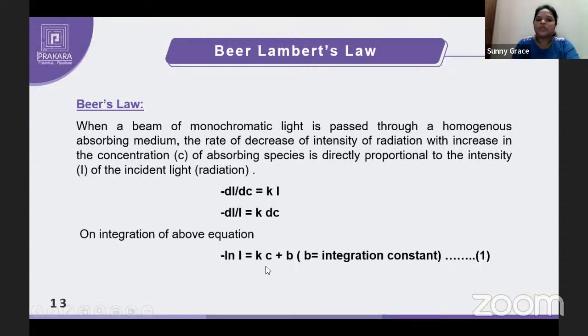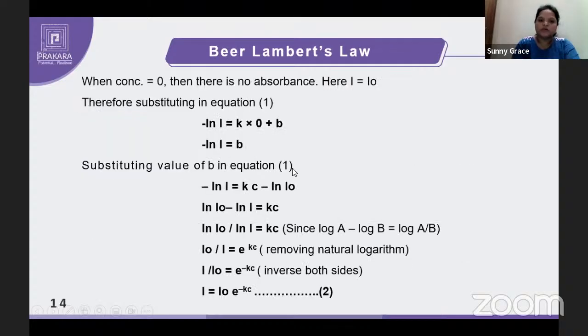By substituting values, assuming that concentration is 0 and I is equal to I naught, we get the b value, which is natural logarithm of I naught. So we substitute this in the equation and you will get I is equal to I naught e to the power of minus kC. So this is what Beer's law says, that intensity is related to the concentration.